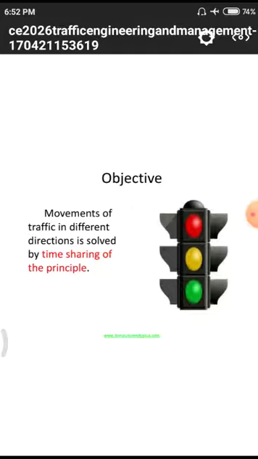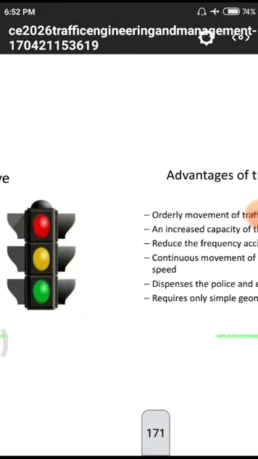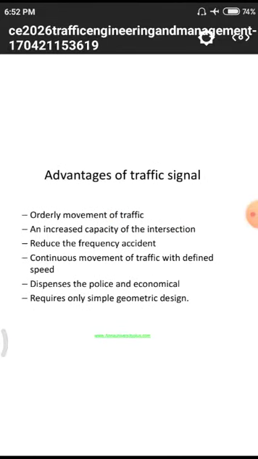This totally depends upon the number of sublanes in a particular road. Even in a one way road we have different sub classifications: one way means 2 to 3 lanes on that particular one way. Likewise we have different kinds of roads. All those we will observe in the coming slides.